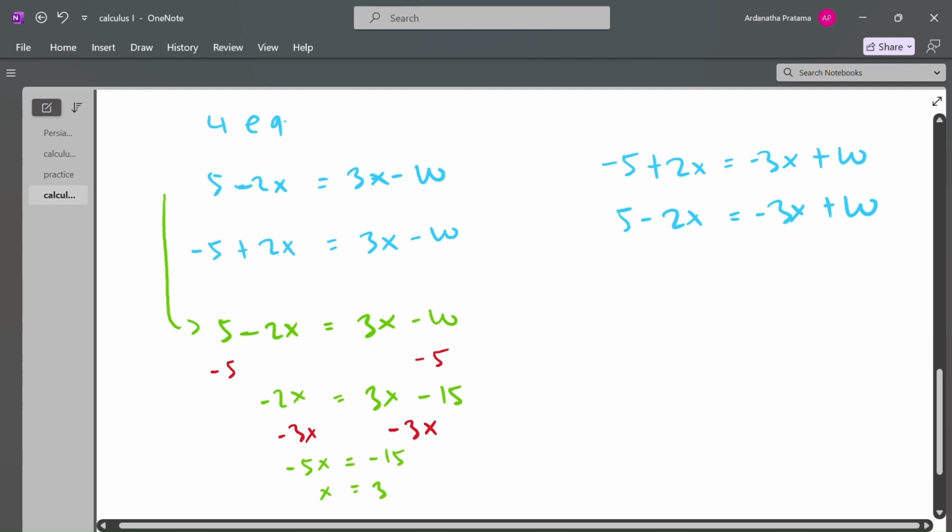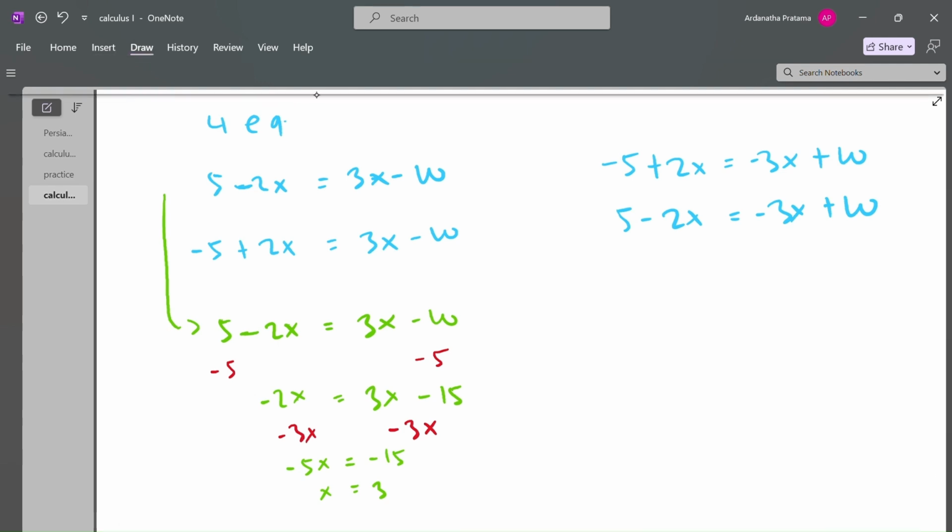And we use the same steps in equations number 2, 3, and 4.